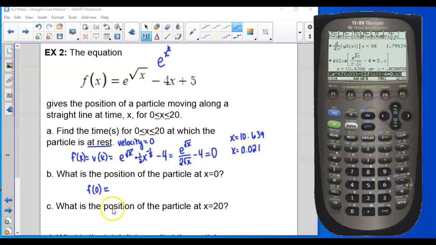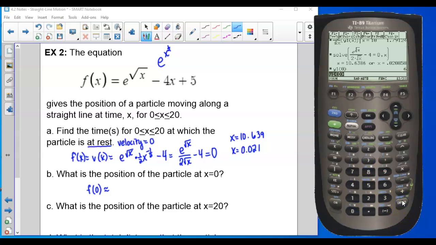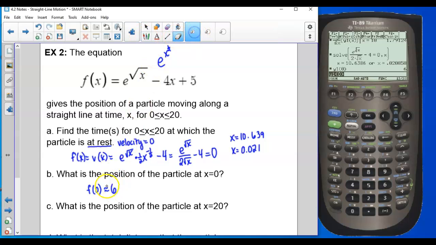Because I can see that this next question asks me for position at x equals 20. Since this is in y1, if I do y1 of 0, it'll plug 0 into that equation for me. And I get 6. Actually, I don't need a squiggly equal sign because that is exactly 6.